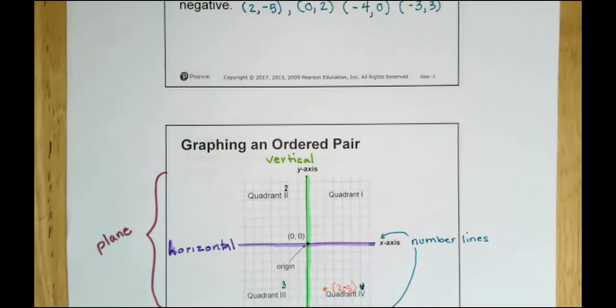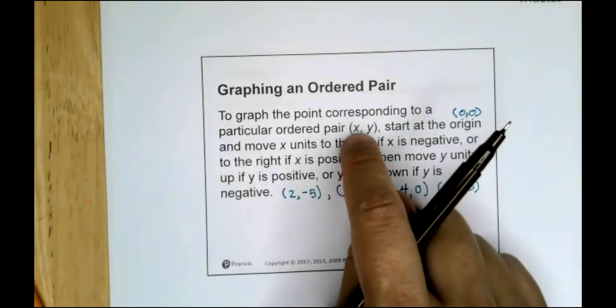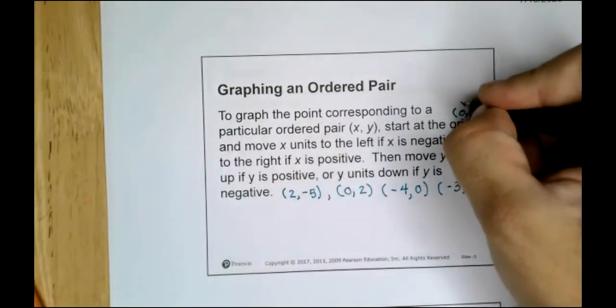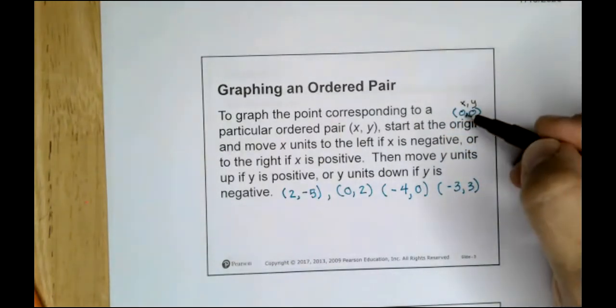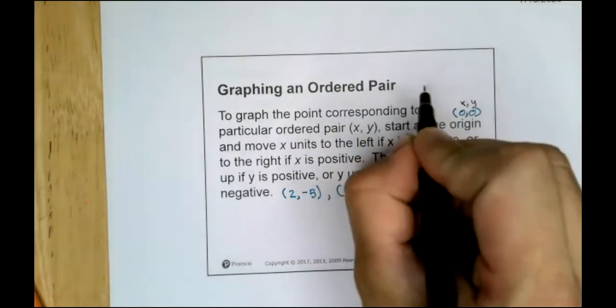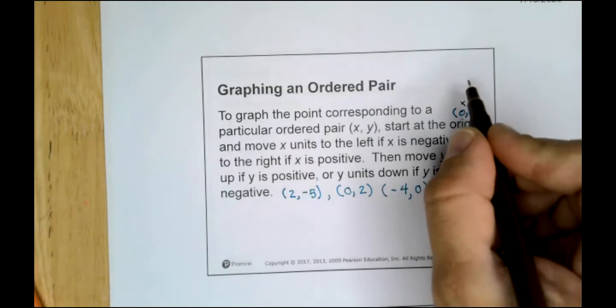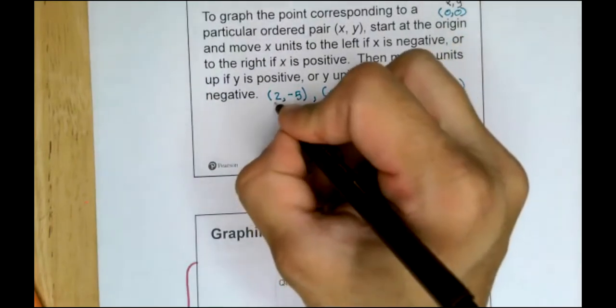Sorry. So always corresponding to a pair x, y. So when I see this, I often write x, comma, y, because the first number has to do with the x-axis. That's why we go left or right. The second number has to do with the y-axis. That's why we go up or down, and it will never change. The first one is always x.